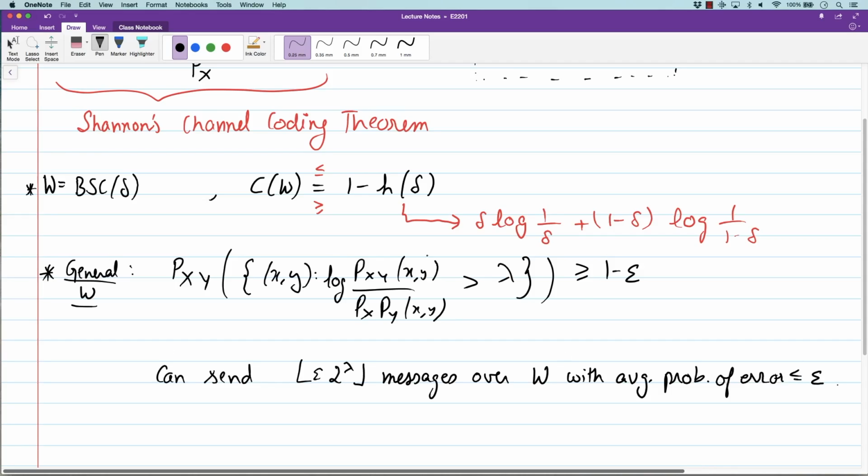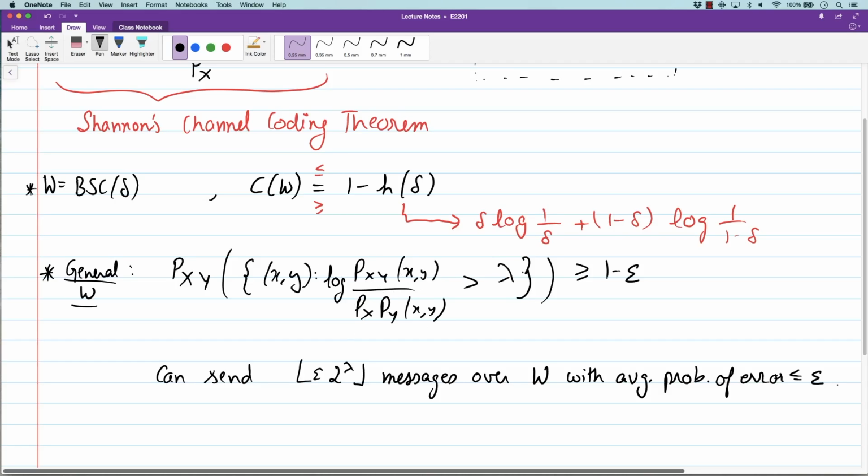This was a single shot result, in the sense that it doesn't speak about multiple channel uses, but we apply this result to the case when we use the same channel W multiple times. So we replace W with W^n and choose Px to be an independent distribution. The resulting P_XY becomes a product distribution. For a product distribution, this bound is just a large probability lower bound on a sum of independent random variables, so it's the expected value of this.